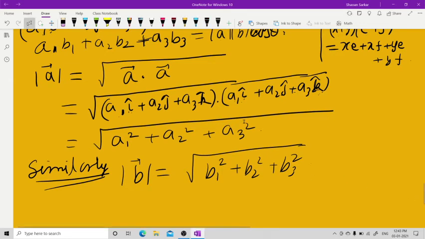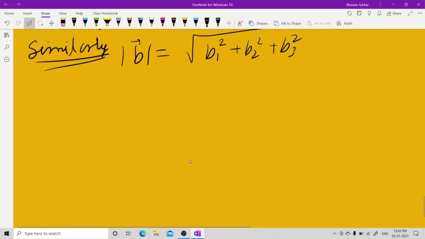Now let us combine the whole stuff and see what happens. I had written A vector dot B vector is equal to mod A mod B cos theta.